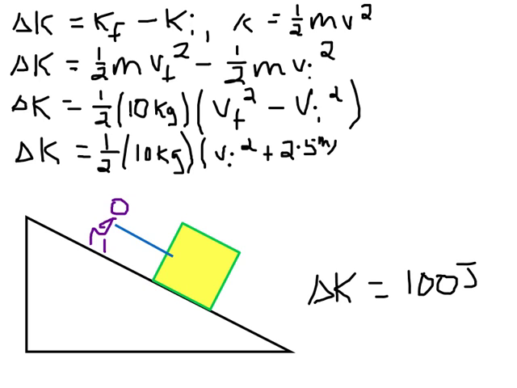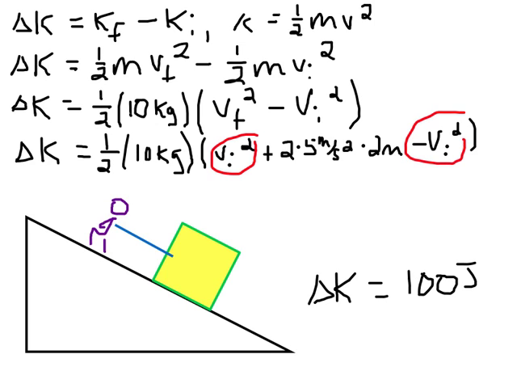That would be 5 meters per second squared in this case, times the displacement, which is 2 meters, and that's V final squared, and then I'm going to subtract off V initial squared. Well, check it out. I've got a V initial squared, subtract a V initial squared, they're gone. So all I need to do now is put in these numbers, calculate these numbers.